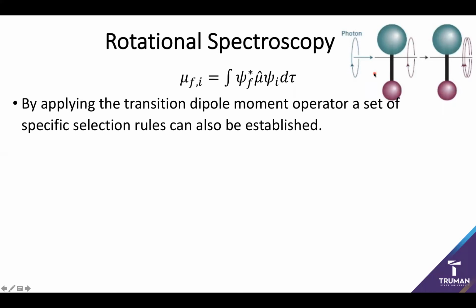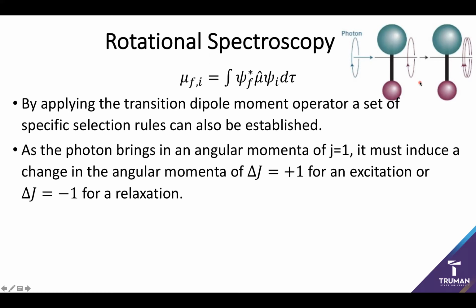Now that we've identified that a molecule has to be polar in order to interact with the photon, we have to figure out the specific selection rules, which is another fancy way of saying what are the possible end states for this excitation. We know it can occur. What will it end up looking like? Since our photon is going to bring in an angular momentum of 1, I have to have a change in the angular momentum of the molecule of +1 if I'm undergoing an excitation.